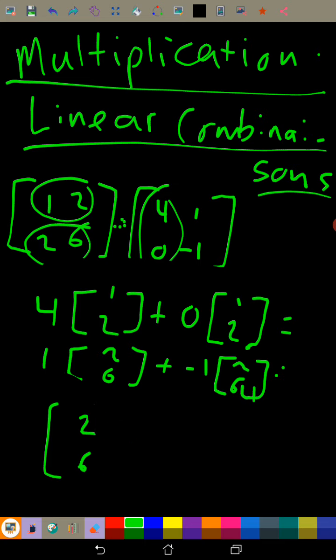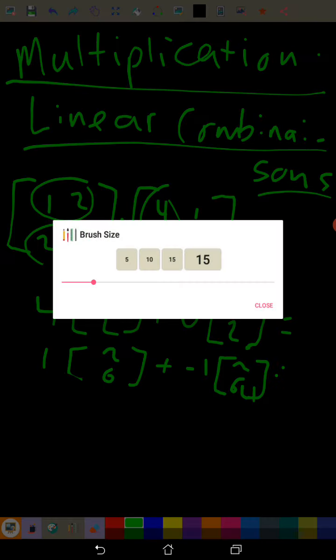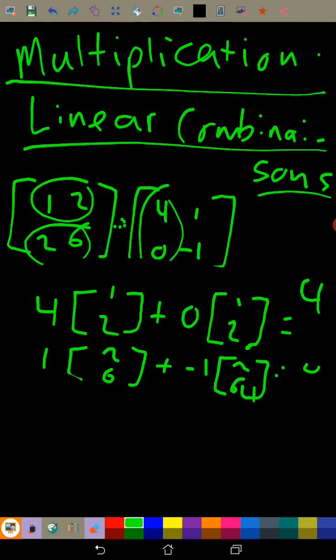That was the first result, yes. 4 times 1, 4. 4, 8. That was 4, 8. Yes. So you will get 4, 8, and then you will get 2, 6. So 2, 6 minus 2, 6.